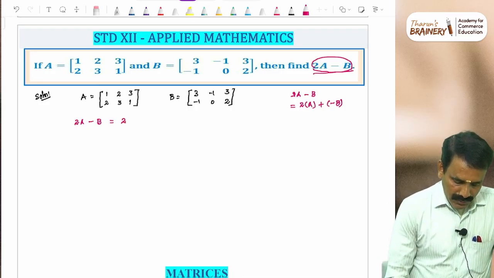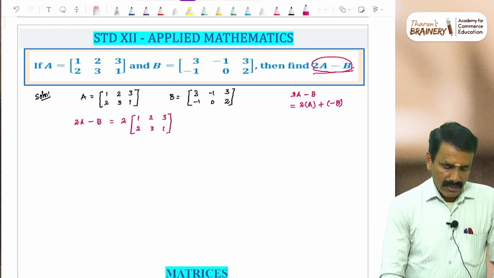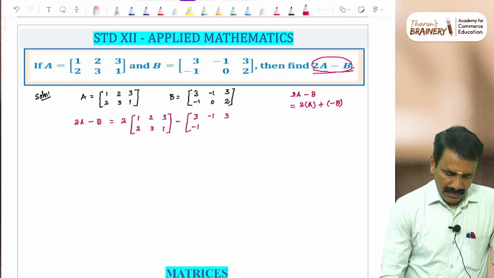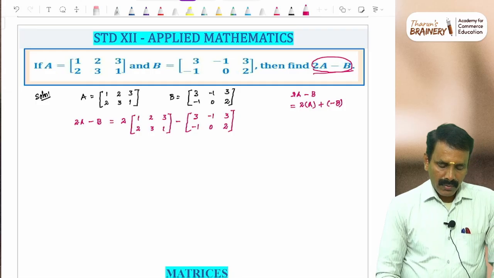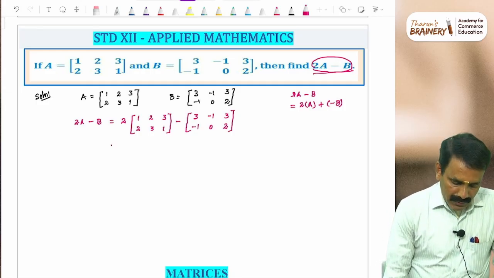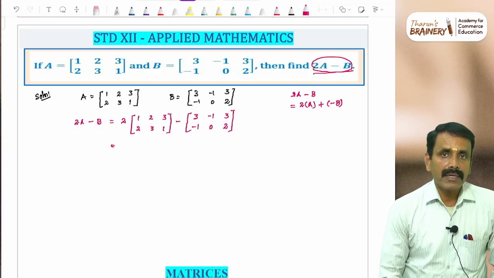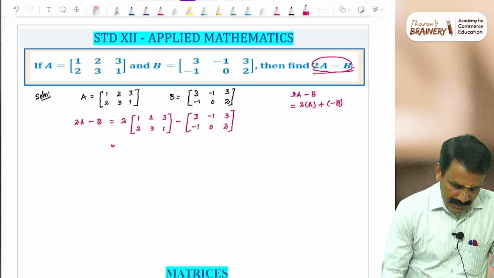So, 2 times your A matrix, that is 1, 2, 3, 2, 3, 1, minus of B matrix 3, minus 1, 3, minus 1, 0, 2. So, we multiply that scalar inside, because in scalar multiplication of a matrix we have to multiply the scalar to all the elements of the matrix.